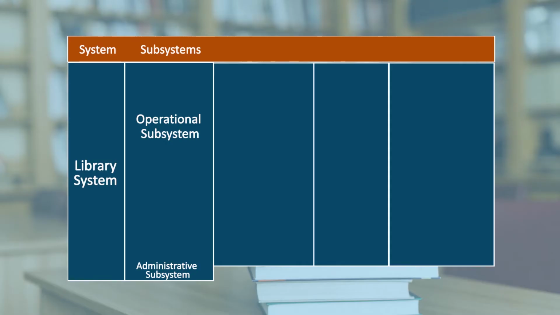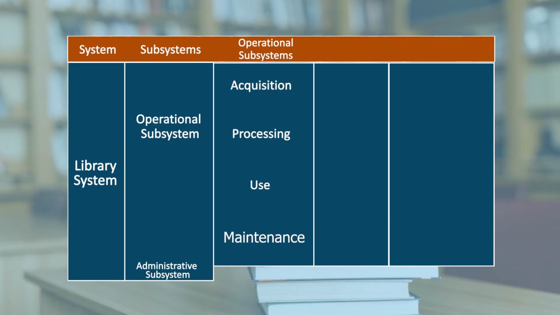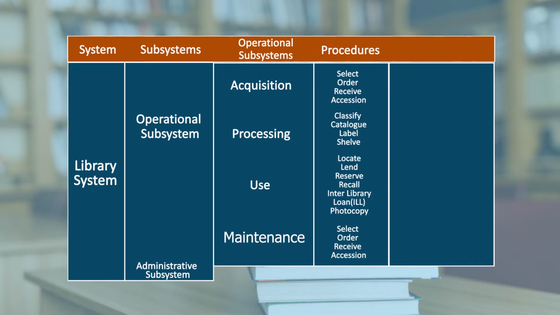Now this particular graphic can help you to understand in a better way. So suppose it's a particular system, the operational subsystem. We already discussed the operational subsystem has 4 major sections: acquisition, processing, use and maintenance. Processing also has 4 procedures, and altogether these 4 subsystems include 18 procedures.